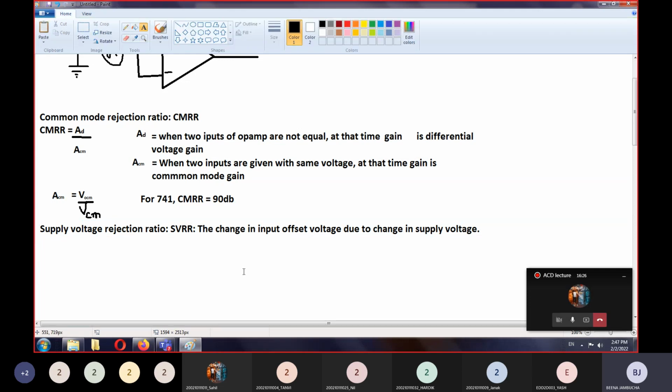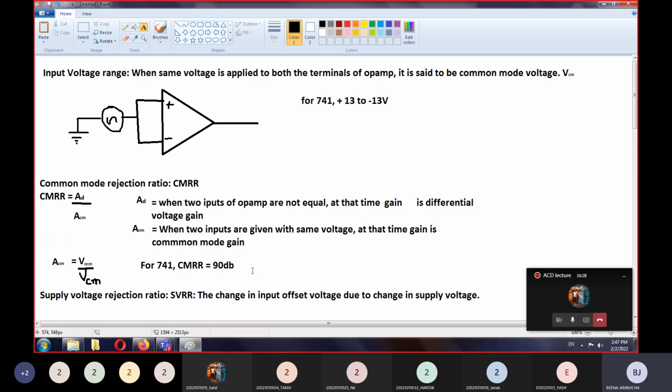Now we know what the input offset voltage is, right? We know that inverting is pin number 3, non-inverting is pin number 2, and there are also pin number 7 and 4, right?